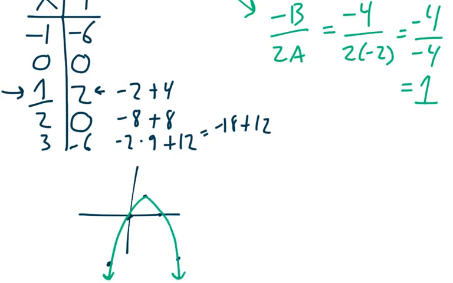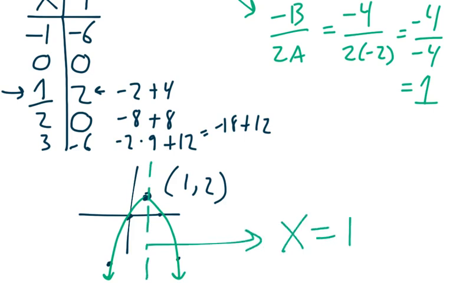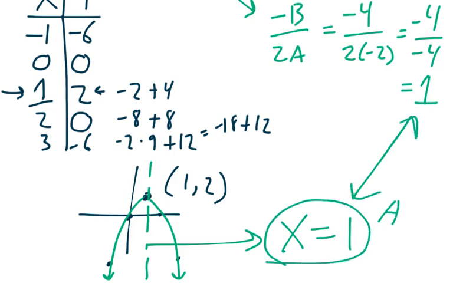So first off, the vertex is 1, 2, and my axis of symmetry is x equals 1. So that 1 there, that told me this. This is the line that cuts it in half. SYM for short. So using this formula, the negative b over 2a, I found my axis of symmetry.